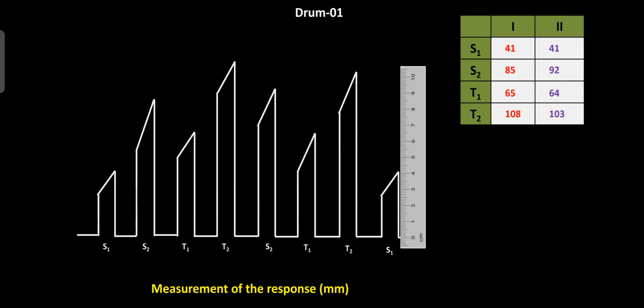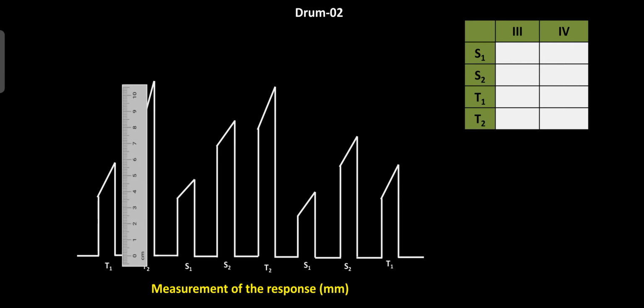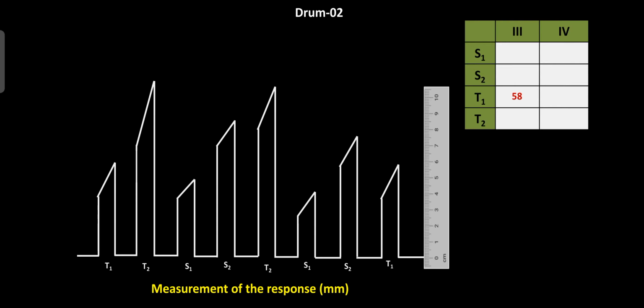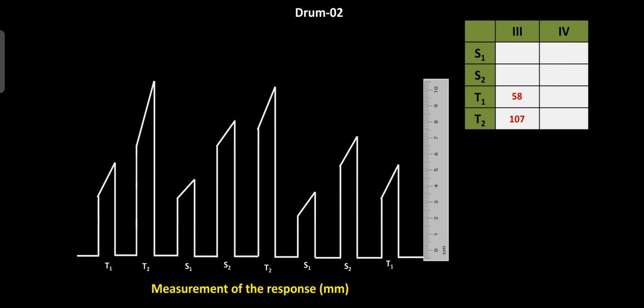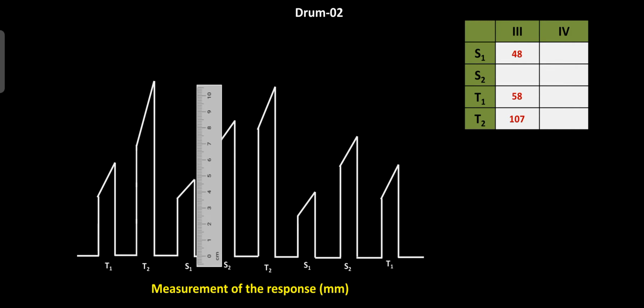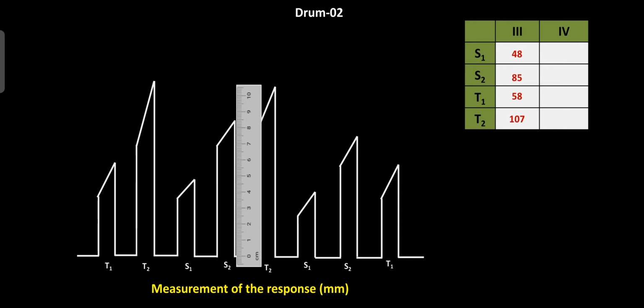After that, go for the measurement of responses in mm for drum 2, first set 3 according to the Latin square. The response of T1 is 58 mm, then response of T2 is 107 mm, then response of S1 is 48 mm, then response of S2 is 85 mm.